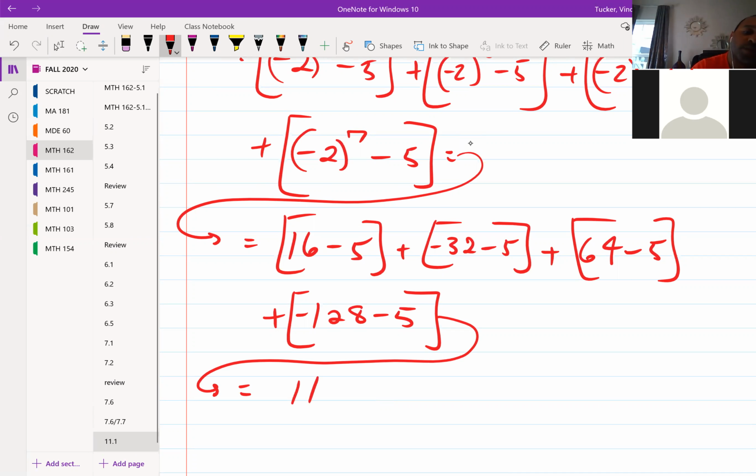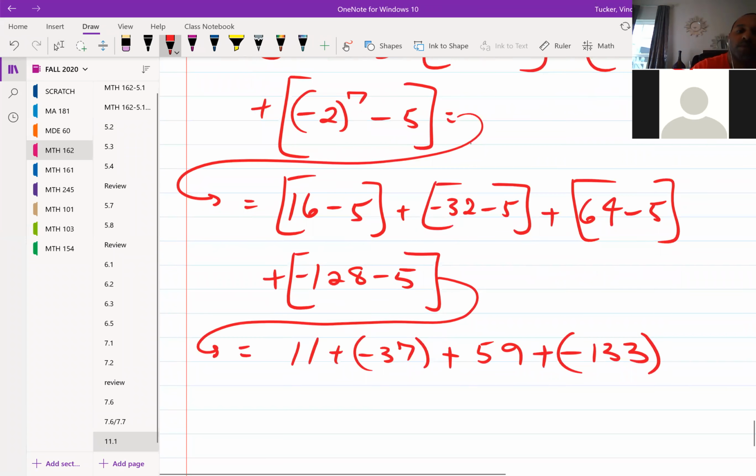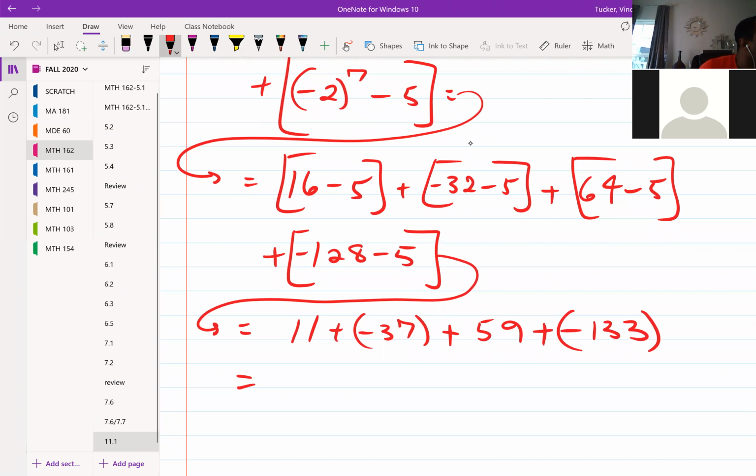So we're looking at 11 plus negative 37 plus 59 plus negative 133. And negative 100.